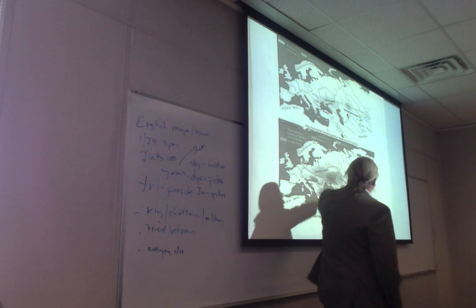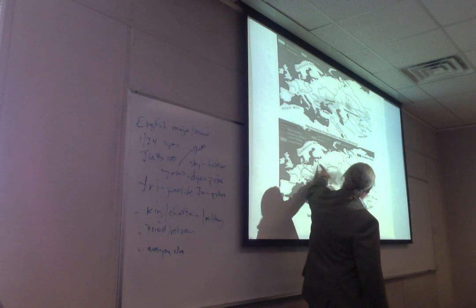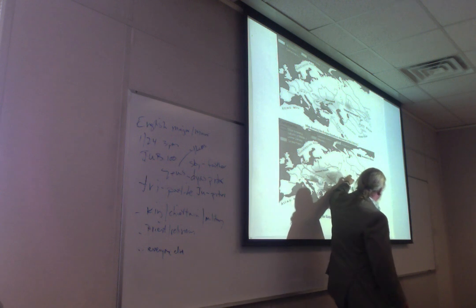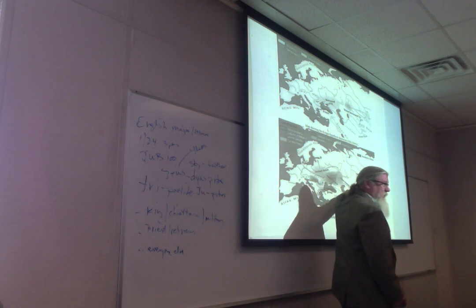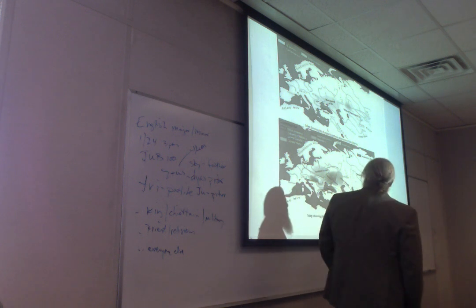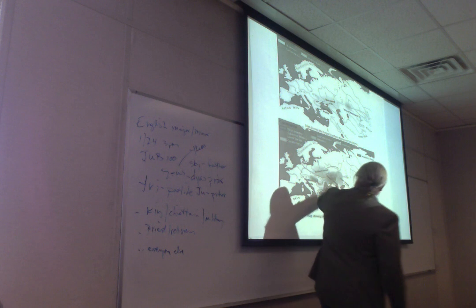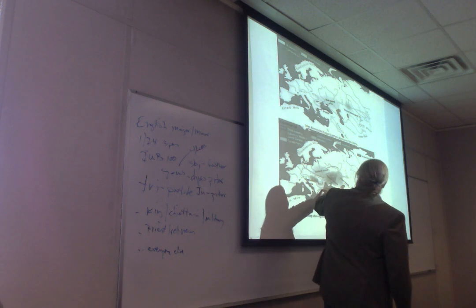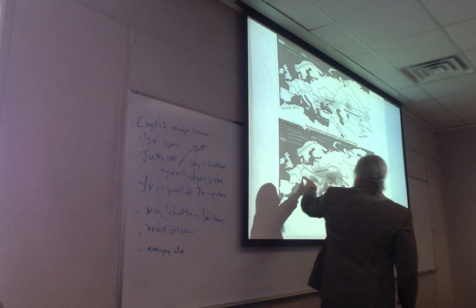So you've got a branch moving up over here into Northern Europe. You've got a branch moving off over here. This is the Aryan branch, okay? Persian, Iranian, if you want. You got a group moving down here. You got a western branch moving over here.